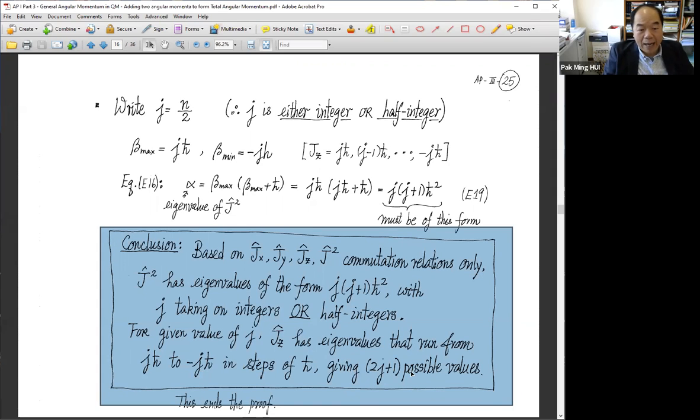Now, one final remark before we take a break. And this is important because we have seen orbital angular momentum for one special case, where j is integer. We have seen spin equals half being another special case of j being half. So this will make us more comfortable later on when we see some angular momentum with the j quantum number being 5/2.